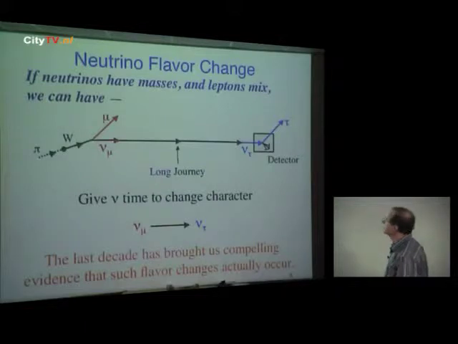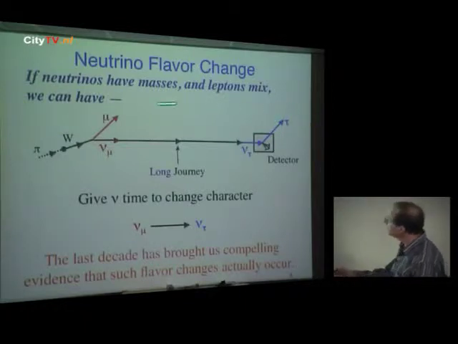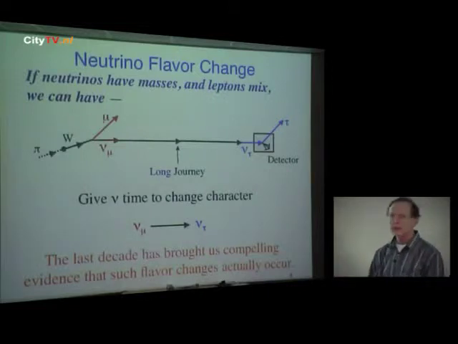In such a long journey, the neutrino does have time to change its character. It can then interact in a detector placed on the far side of the Earth, making a charged lepton, and you can have an event in which this charged lepton is not of the same flavor as that one. For instance, it could be a tau.